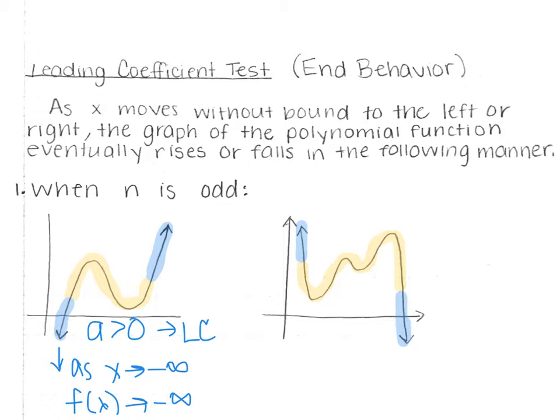So as x approaches negative infinity, f of x is also going to approach negative infinity. And similarly with the opposite end, as x approaches infinity, so the bigger and bigger x gets, the bigger and bigger f of x is going to get. So f of x will also approach infinity.